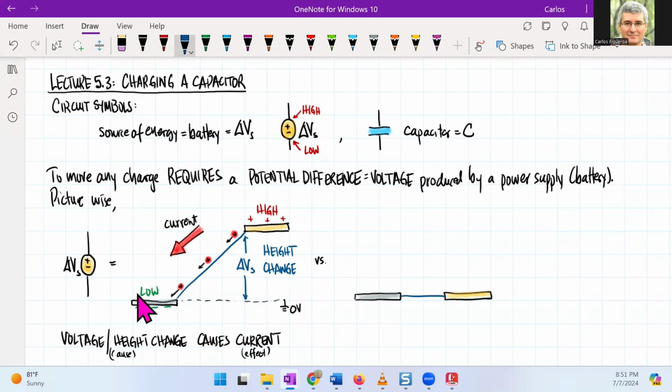We can say that both of these are on the ground. They're down here at the bottom of the incline, and they're on the ground. So guess what? There's no charge difference between them. So if I place a charge right here, in this case there is no motion, which means no current.